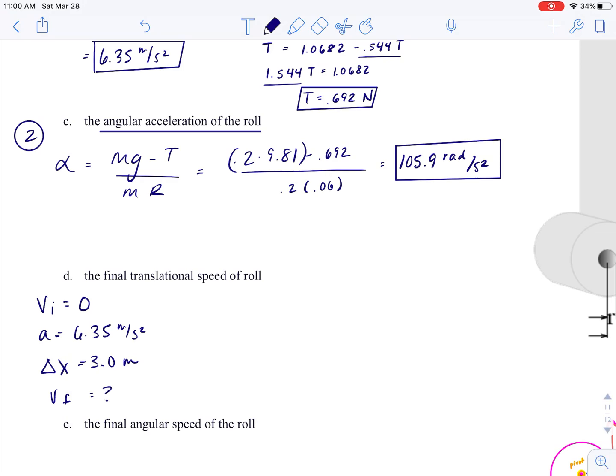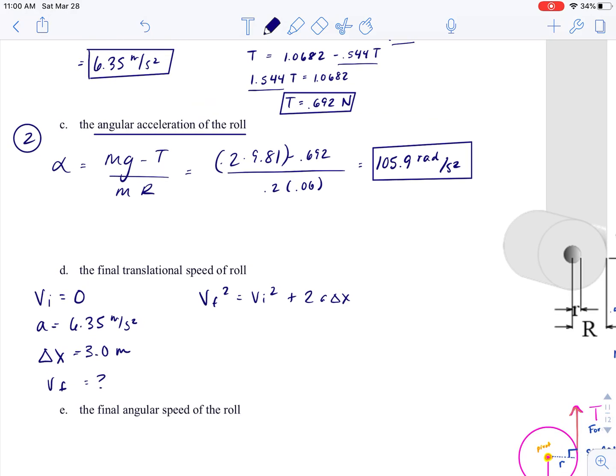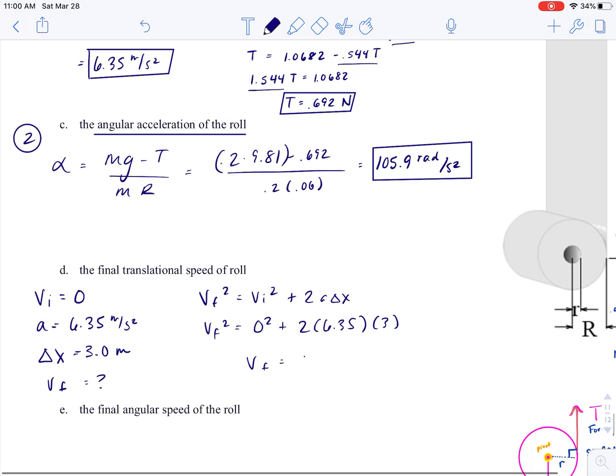And we want the final speed. So we can use kinematics. Do that, we get that the final speed of the roll is 6.175 meters per second.